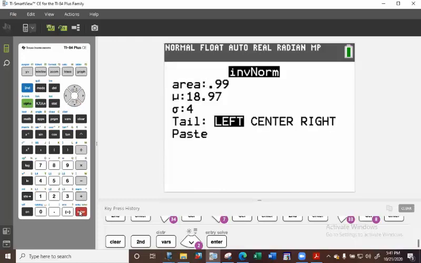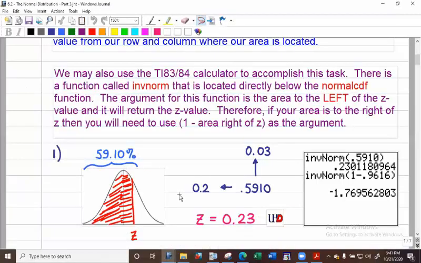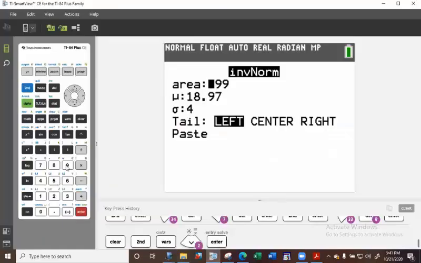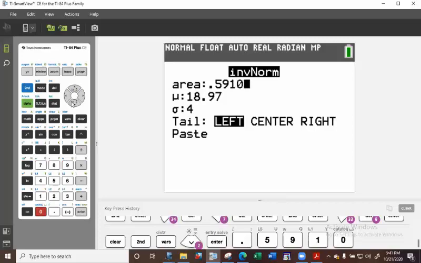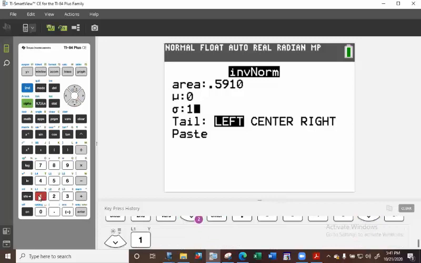Now this is inverse norm, so I'll do that first one, which was, I already forgot the number. 5910. So I'll put in 5910. Now because these are Z's, I'll put in 0 and 1 here. Now they've even made them fancier with this left, center, right business.